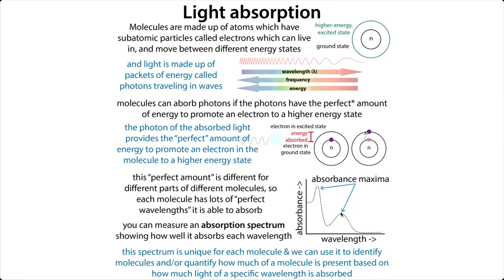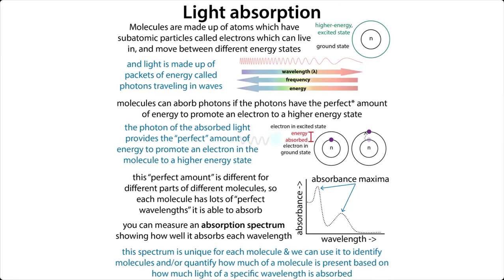And then there's going to be some wiggle room on either side, so you get more of a bell-curvy looking thing than sharp peaks. But each of those maxima corresponds to a perfect energy level that these molecules are able to absorb to excite their electrons to a higher energy level.